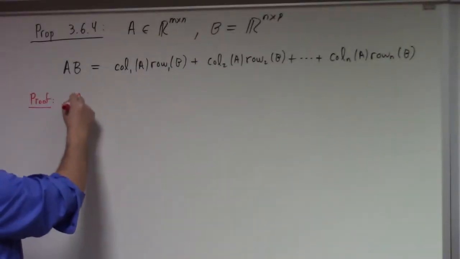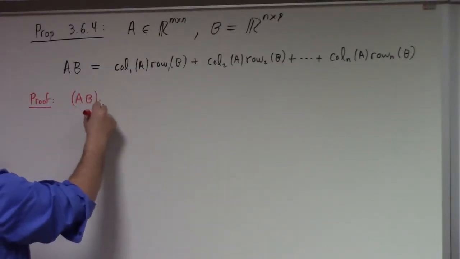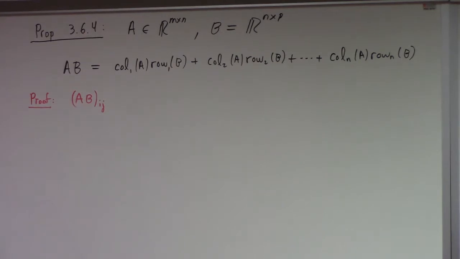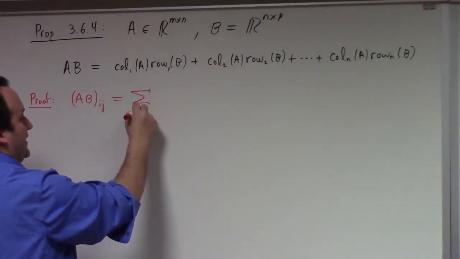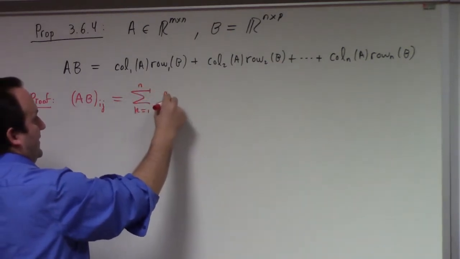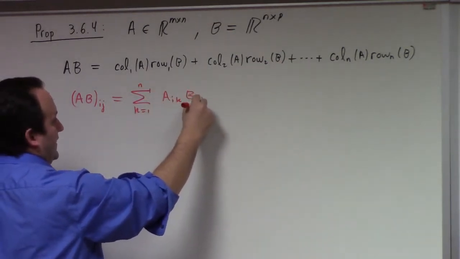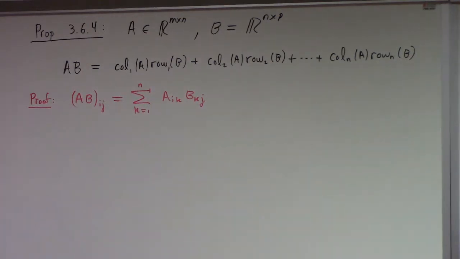Well, let's look at the ijth component of AB. What's the definition of the ijth component? It's the sum, k equals 1 to n, of A_ik B_kj. Okay, well, what is that?